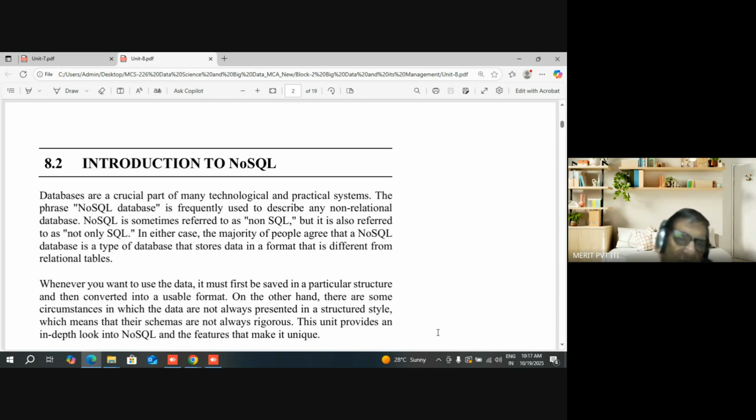So databases are a crucial part of many technology and practical systems. The phrase NoSQL database is frequently used to describe any non-relational database. NoSQL is sometimes referred to as non-SQL, but it is also referred to as not only SQL. In either case, the majority of people agree that a NoSQL database is a type of database that stores data in a format that is different from the relational table.